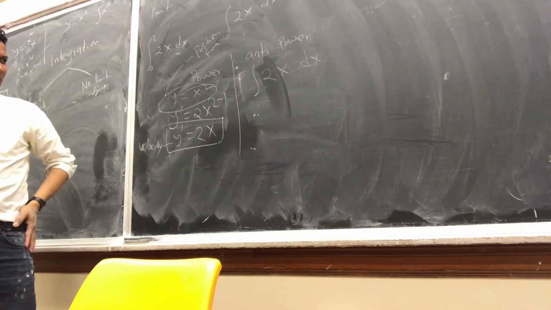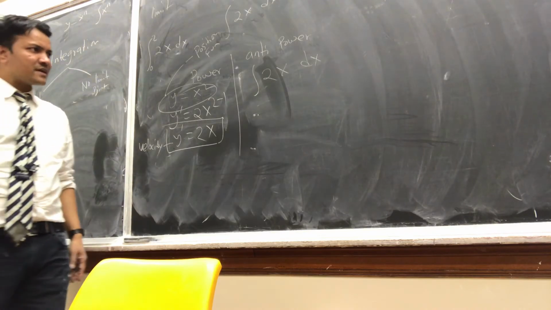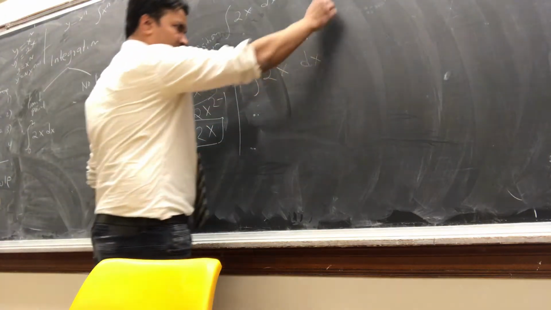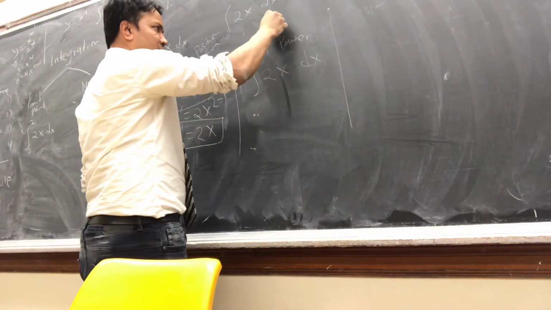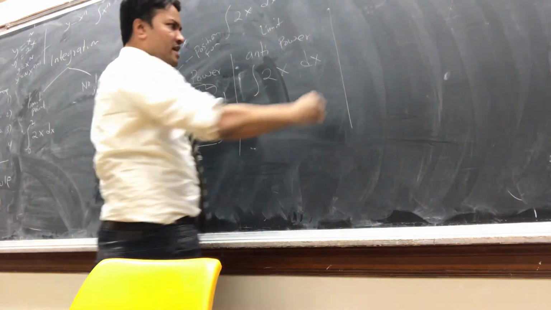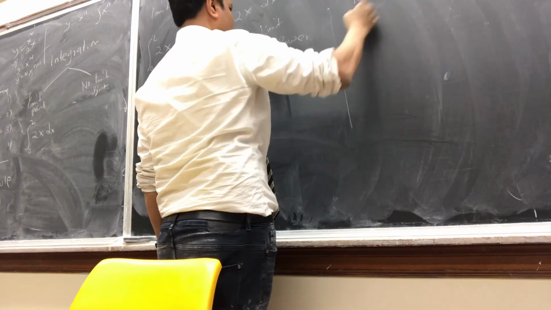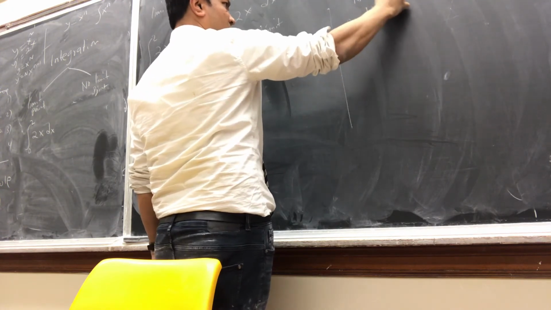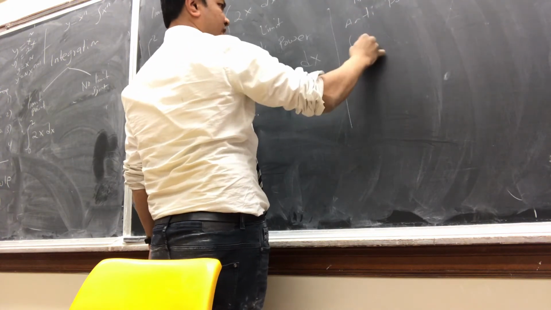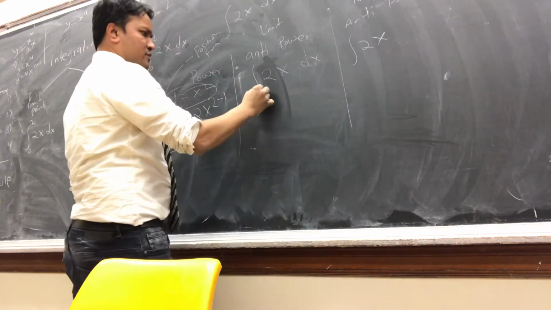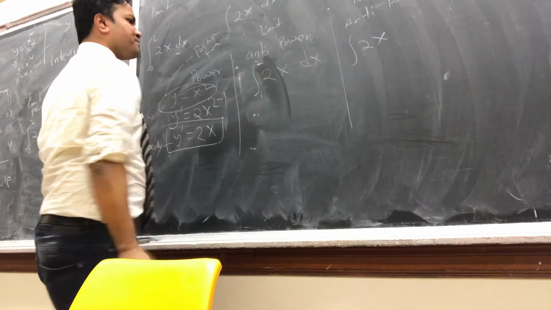Okay, let's do the anti-power rule. First do it by limit point, and then by no limit point. So anti-power: write 2x and write 1, and you said 2, right? Okay, great.